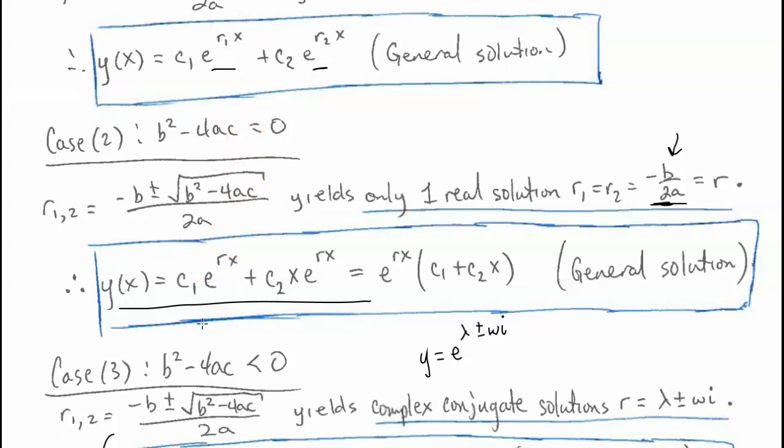Now, the thing that is important to know here, and part of the reason why I'm going over this review, is that the reason we even do the method of undetermined coefficients in the first place is that we're not going to be able to assume, by the superposition principle, that if we have a basis of functions for this non-homogeneous differential equation, we can come up with a linear combination of those solutions.